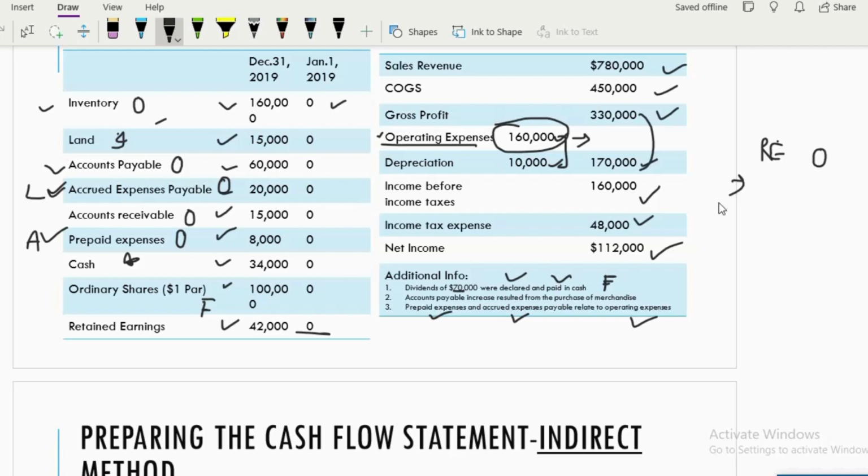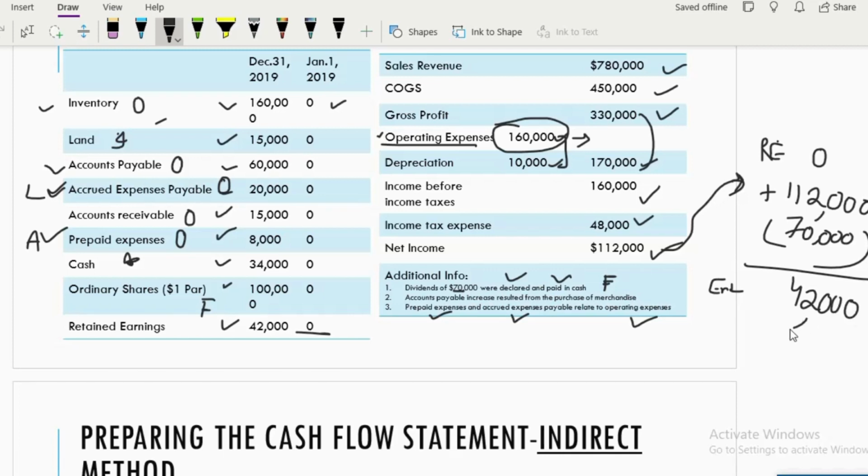Then every year net income is shifted to the retained earnings account, so it gets a 112,000 addition because net income was this, and then the payment of dividends comes out of the retained earnings, so 70,000 was taken out. When you take the dividend out of the retained earnings, you get your ending retained earnings, that is 42,000. So we don't put this 42,000 in the cash flow statement, we put its parts.